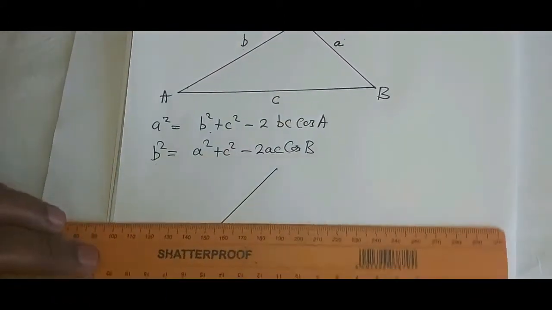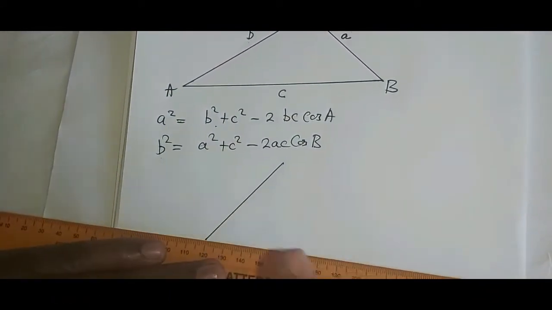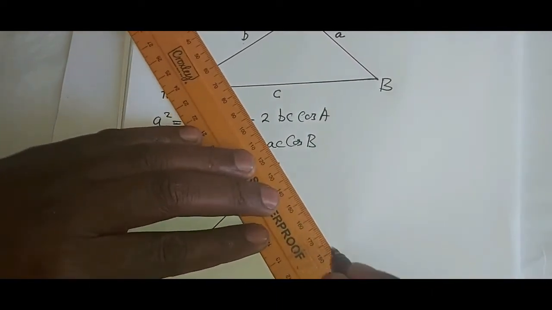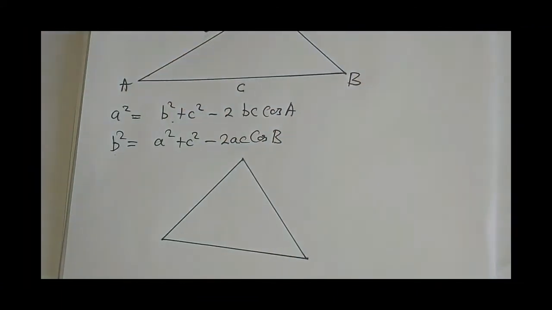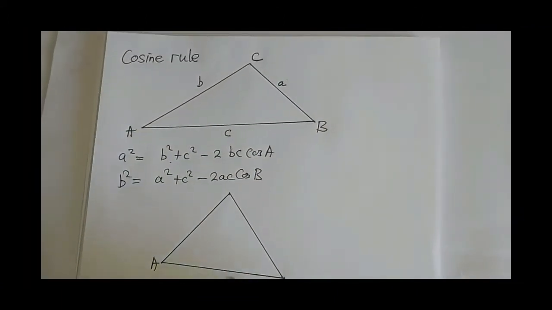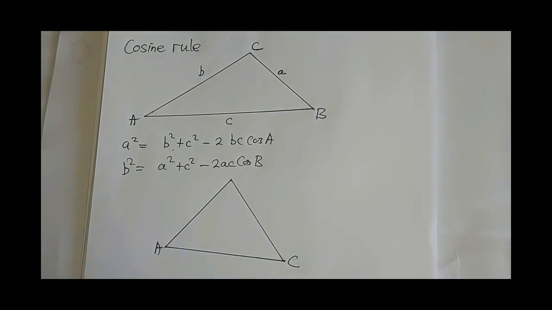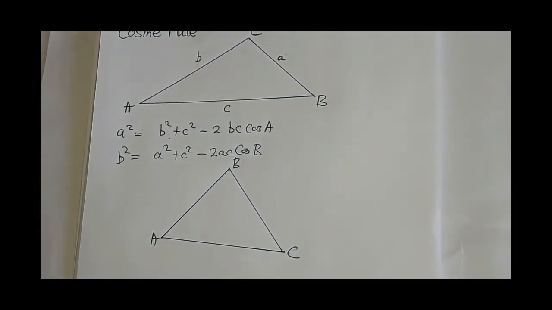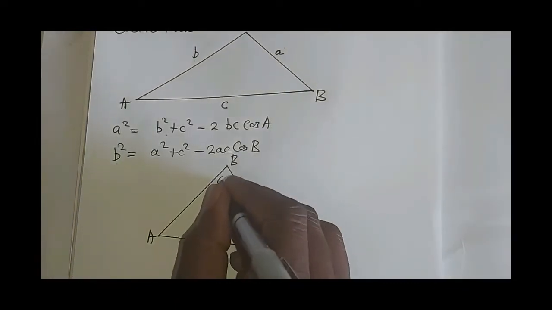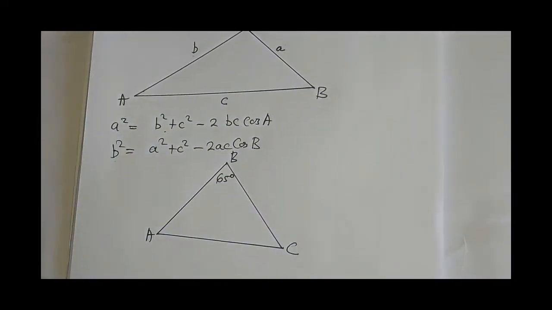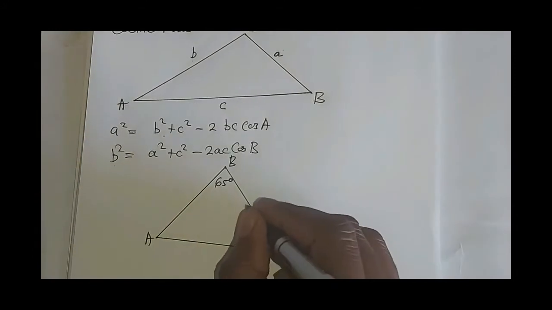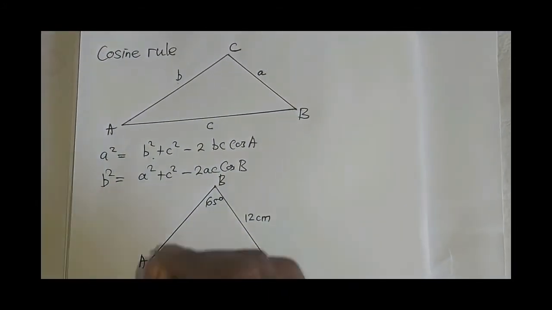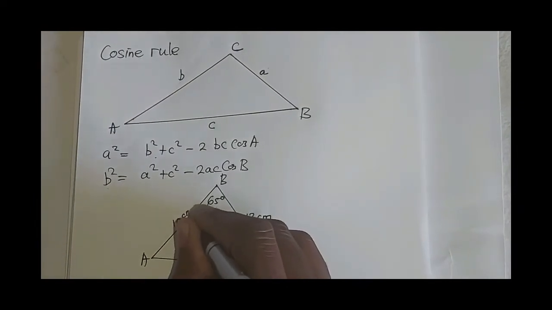If you are given the triangle there, triangle ABC, of course. If I call this angle A, then this one angle C, then this one is angle B. Say for example angle B is 65 degrees, then this side here is 12 centimeters, then here is 10 centimeters.